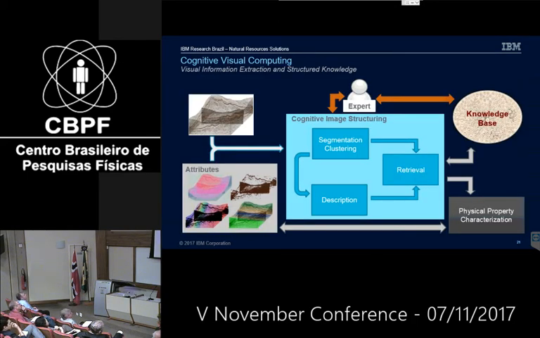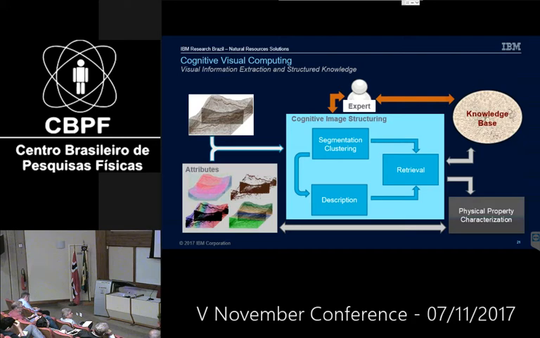How do we see that working? We have the image here, the seismic data, the amplitude, for example. We run our algorithms with the feedback of the expert. The expert will be in all parts of this process. We get information and feed one knowledge base.